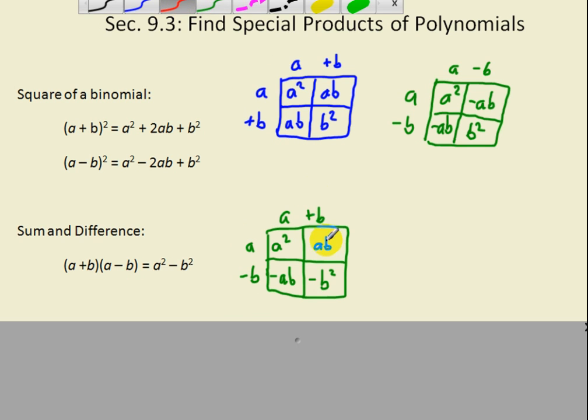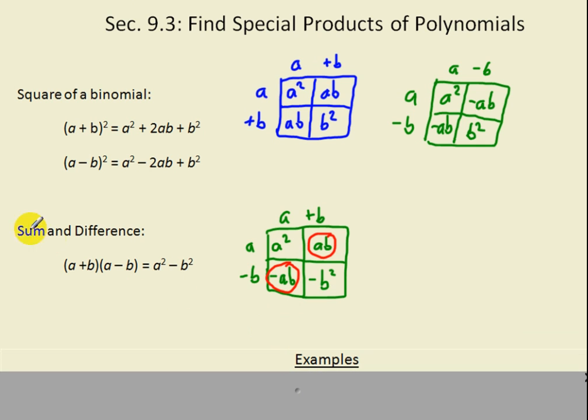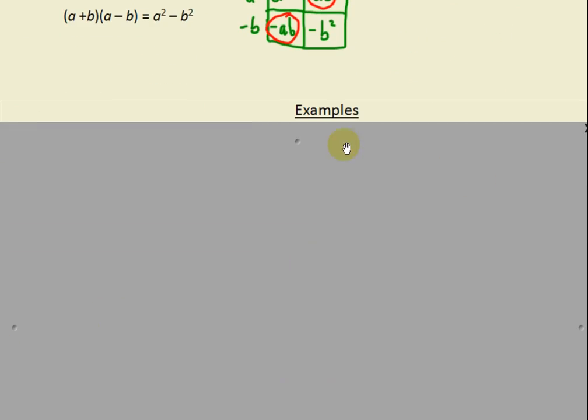And so notice that here we have an ab and a negative ab, and these two cancel each other out, and that's why we end up with a squared minus b squared. So you want to look for these special cases that will help simplify your life a little bit if you happen to run into them.